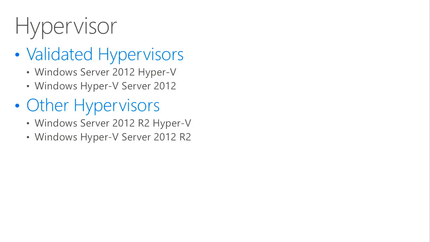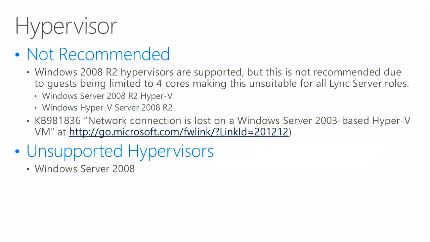Let's dive now into a little bit about the hypervisor. Again, this is looking at Microsoft Windows Server 2012 R2. So the validated hypervisors here, you can see the 2. Other hypervisors we still continue to support, in the sense that you can utilize them as well. What's not recommended is Windows 2008 R2.